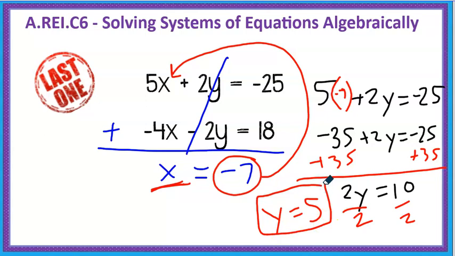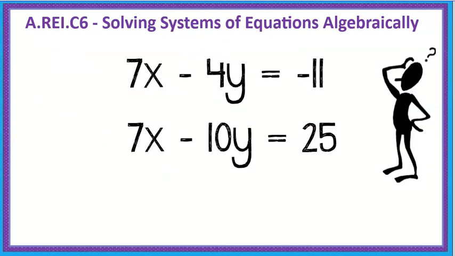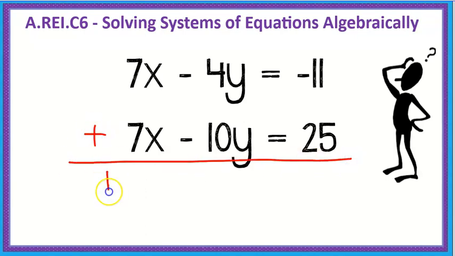Alright, so that's the main idea of solving using the elimination method. Now it does get harder from here, but this is how the technique works. So let's take a look at this next question. If I were to add these two sentences together, do you notice that nobody eliminates?